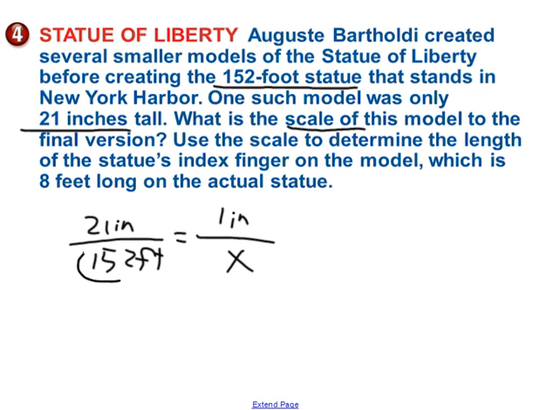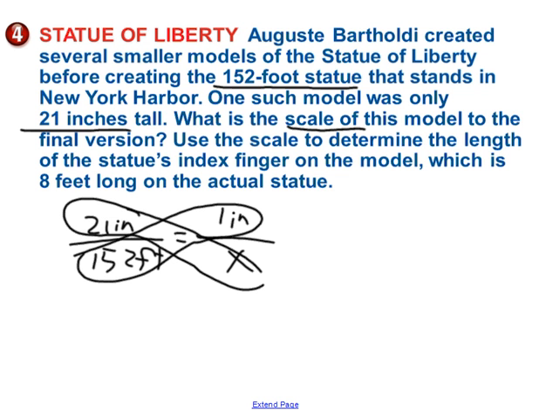Doing my cross products here. 21x is equal to 152 feet. Dividing both sides by 21. X then is equal to 152 divided by 21.